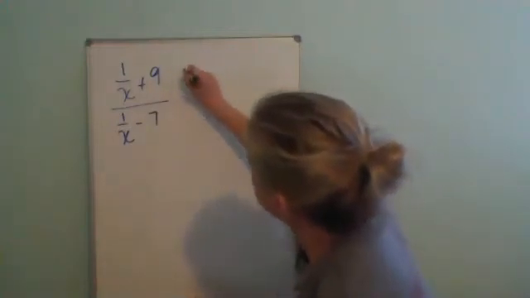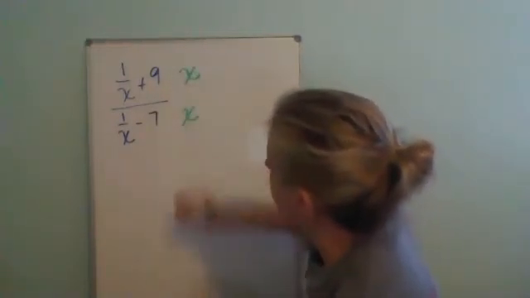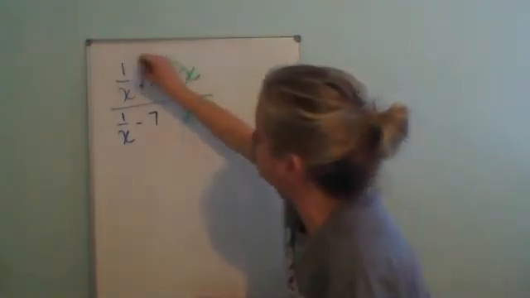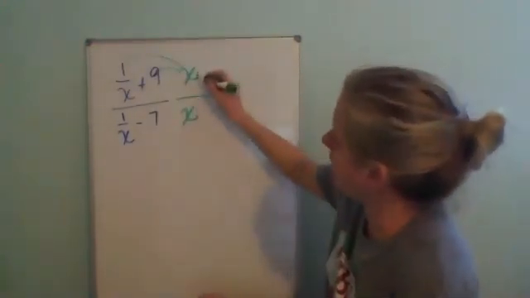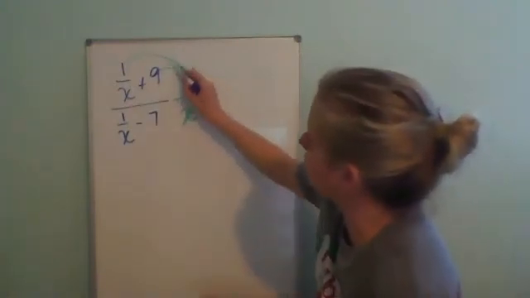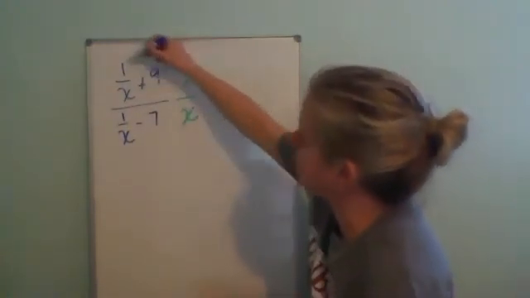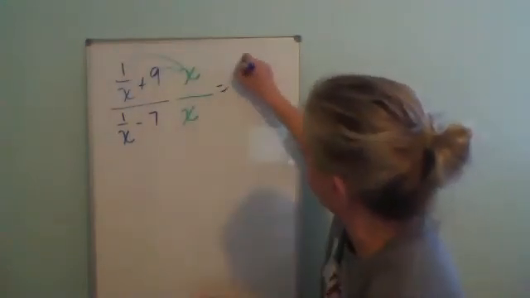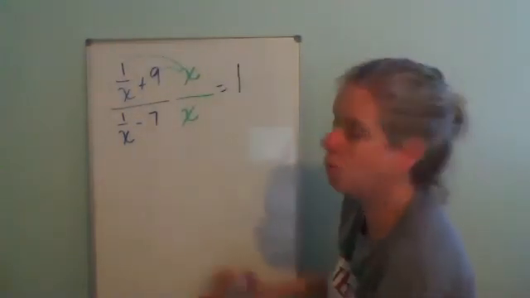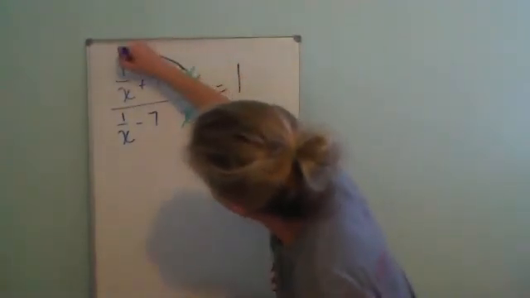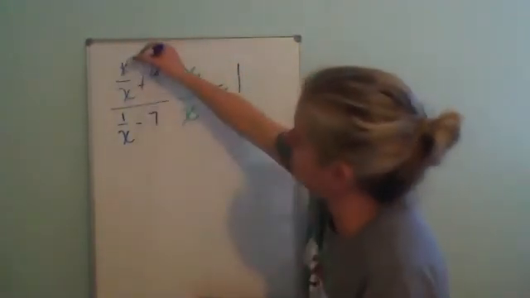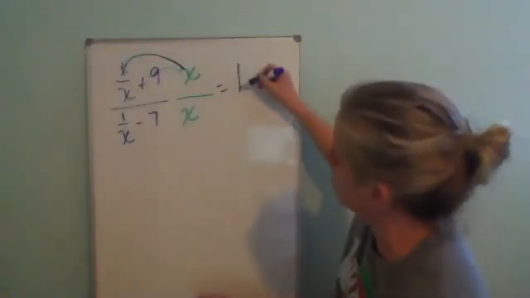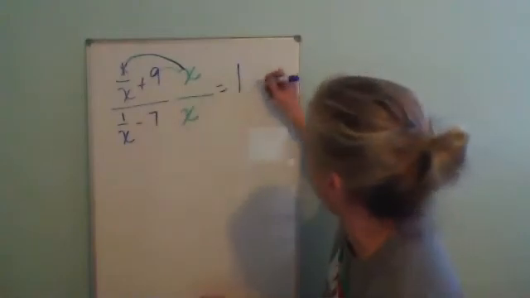So all I need to do is multiply, because if I put an x in the top and the bottom and I distribute it, look what's going to happen. This x right here, since you have it in the top, if I have x in the top and the bottom here, they'll cancel each other, and I'm just going to be left with that 1. So this x went to here, and then you had x over x, which just leaves you with 1, right? Because anything over itself is 1.